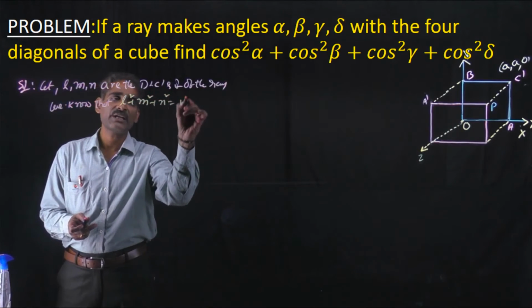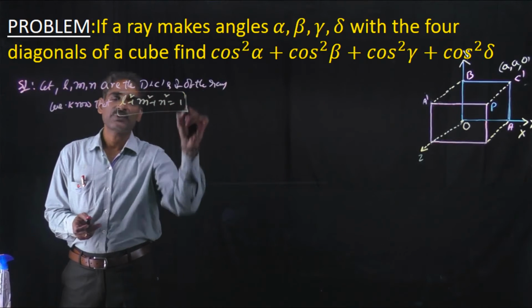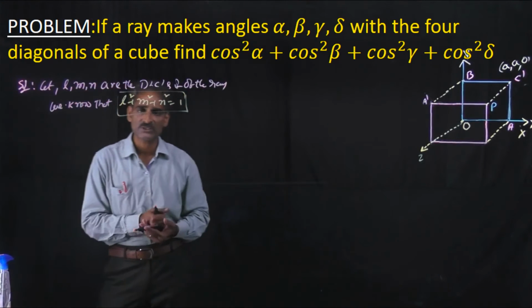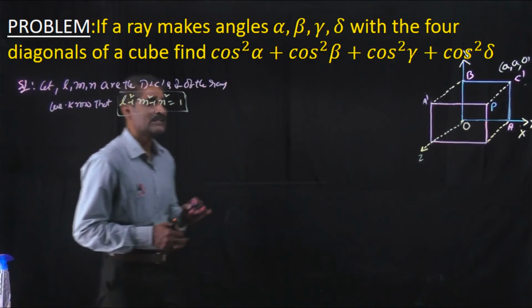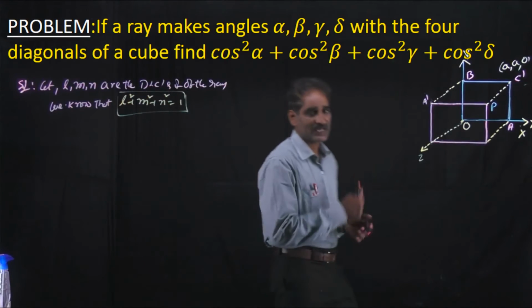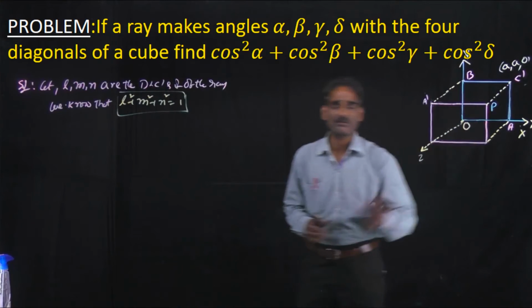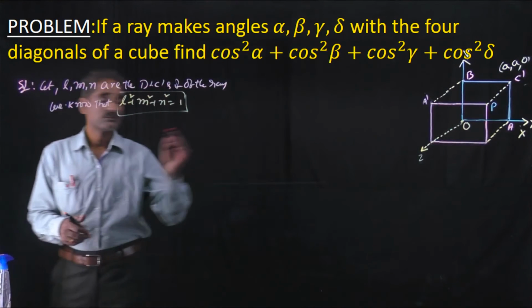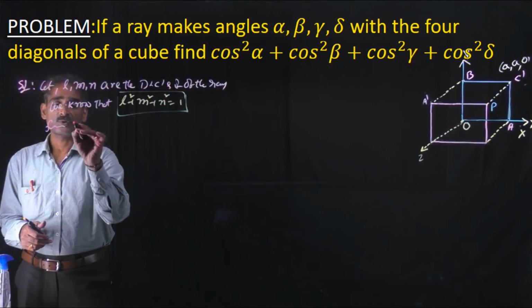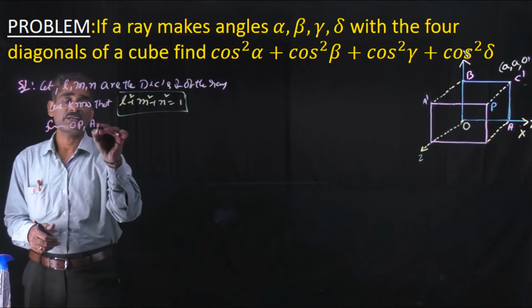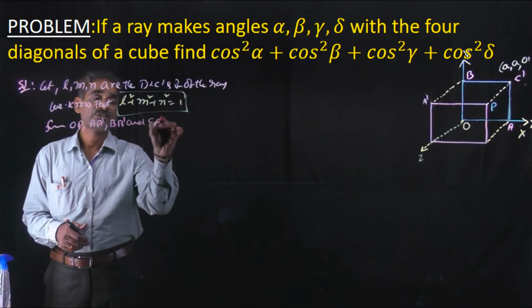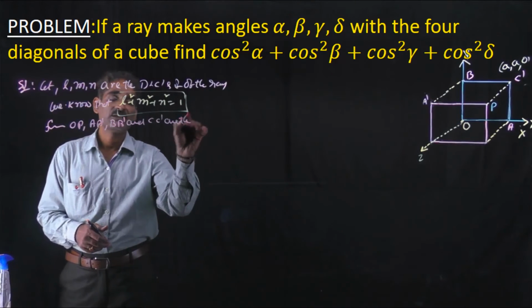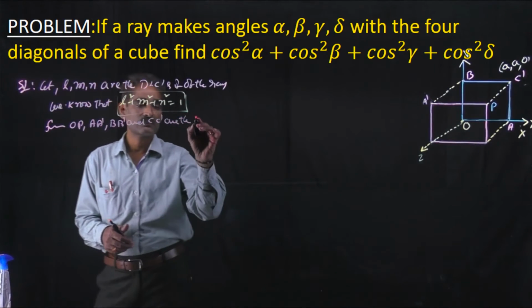Whatever it may be, the ray or light, if L, M, N are the DCs, the sum of the squares is 1. Okay. Now we have to find out the DCs of the 4 diagonals. So here from the diagram, OP, AA dash, BB dash and CC dash are the diagonals of the cube.